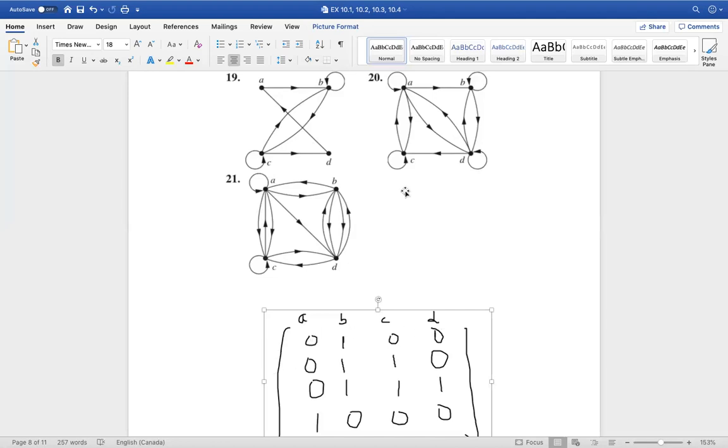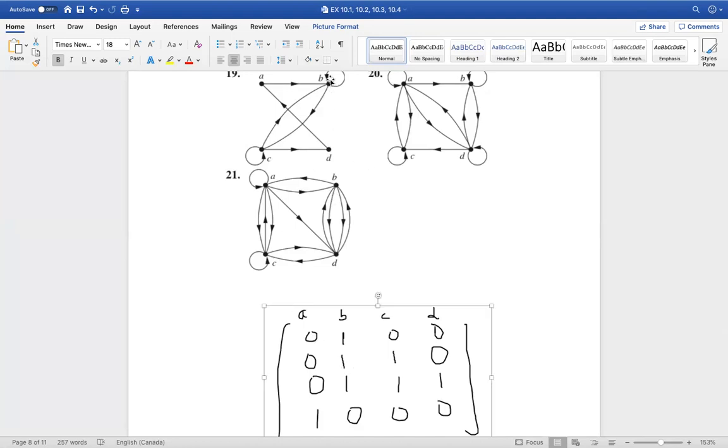Likewise for B, is B adjacent to A? Does B have an edge going from B to A? It does not have any edge. Therefore, we put 0 here. Now, is B adjacent to itself? Yeah, because it has a loop here. So we know that B is adjacent to itself. We put 1.